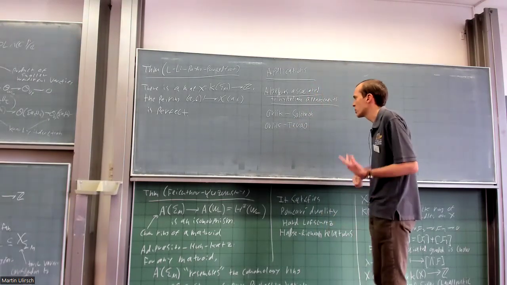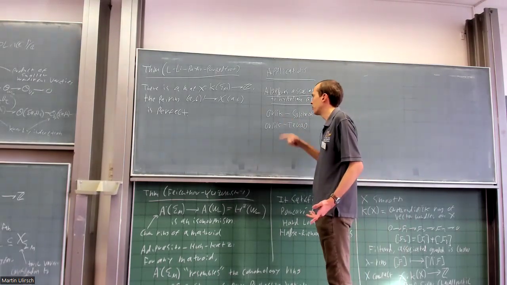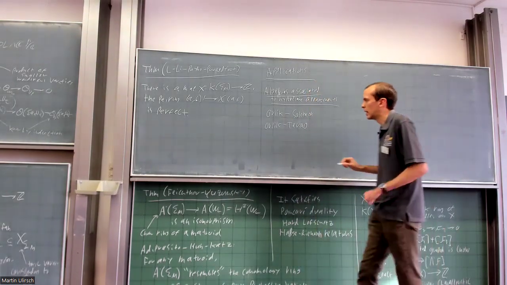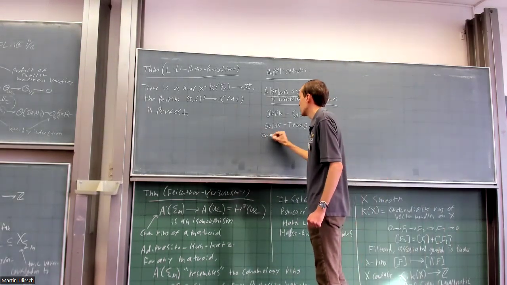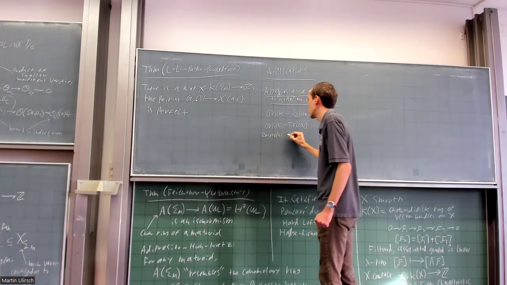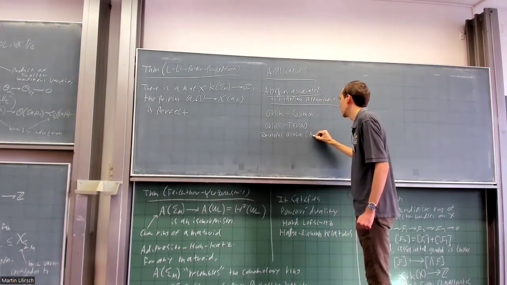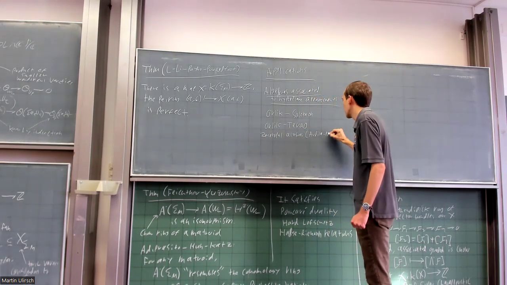There's the Orlik-Terao algebra, which is some sort of commutative deformation of the Orlik-Solomon algebra. There are these things called zonotopal algebras, which were studied by Ardila and Postnikov.